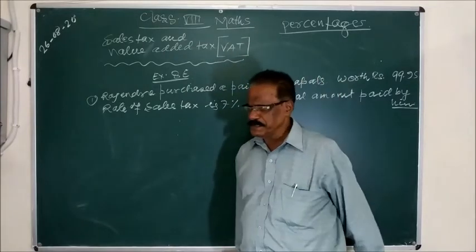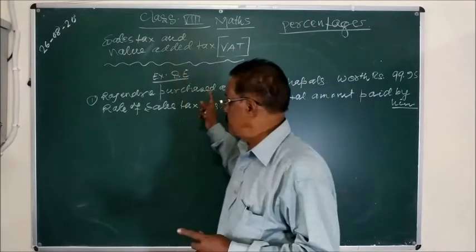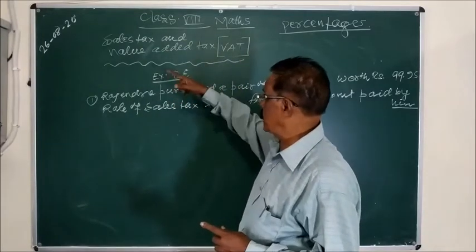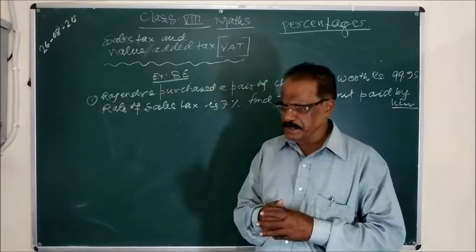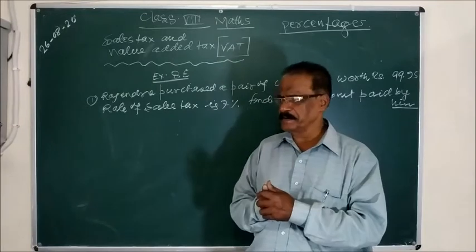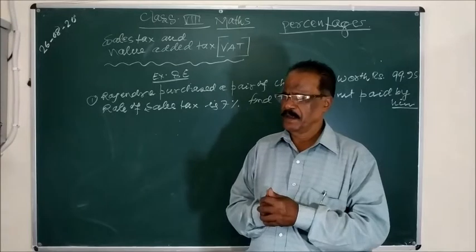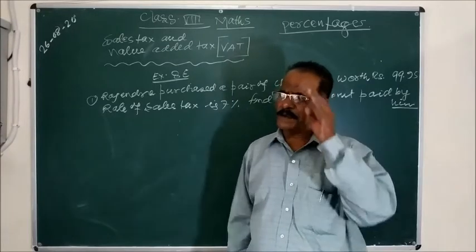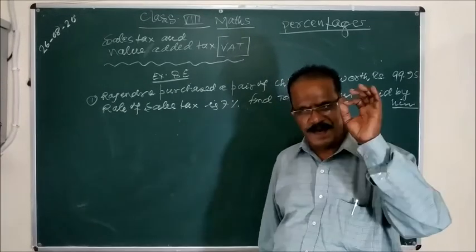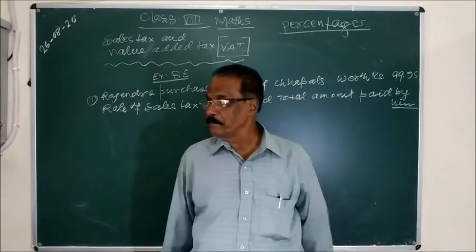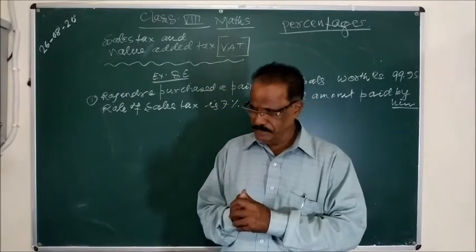But these days, let me explain what is value added tax. The taxes imposed by the state government on the different commodities are collected by the shopkeeper and paid by the customer.